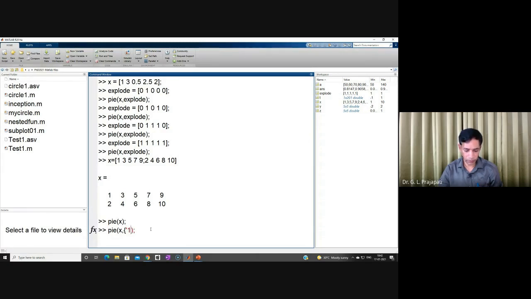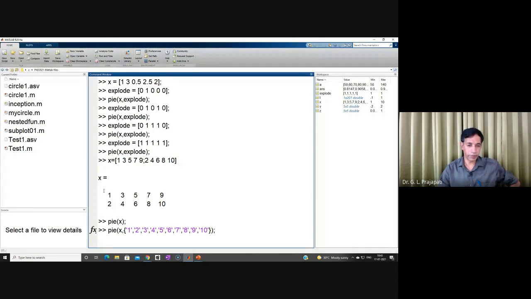You have to write the labels in the form of characters. So 1, then 2, then 9, and the last value is 10. This is the block.